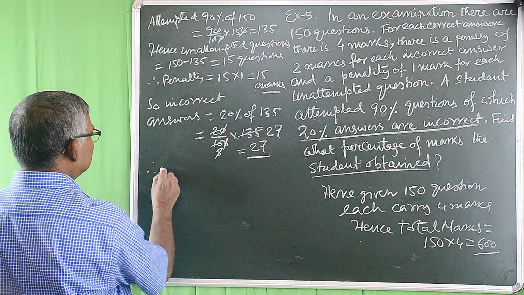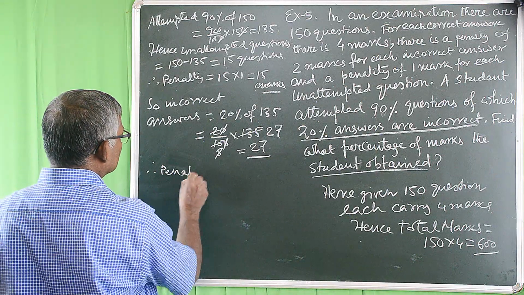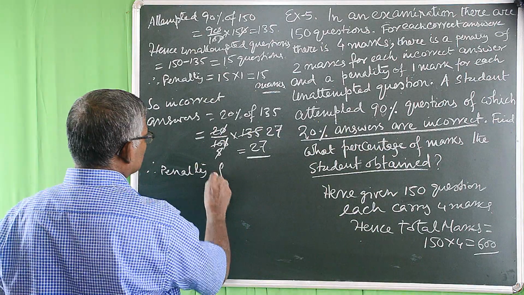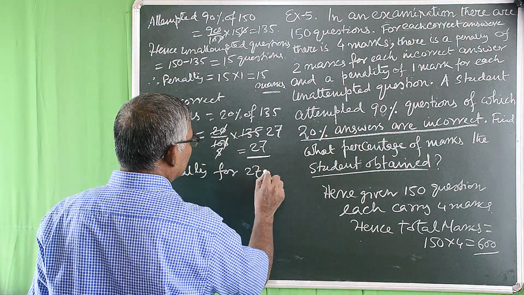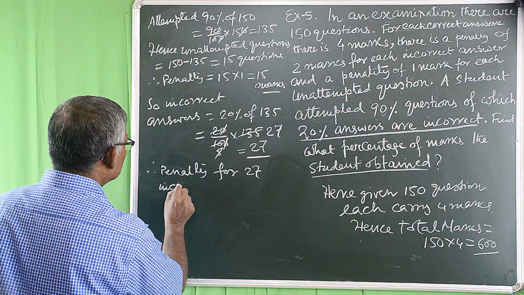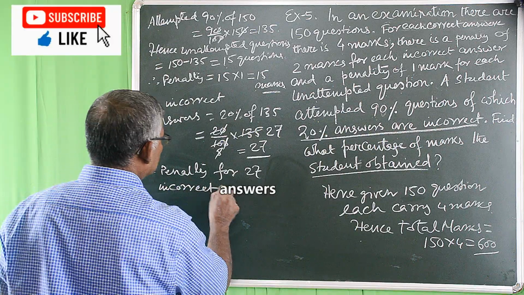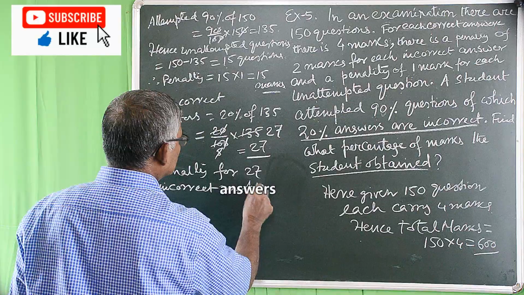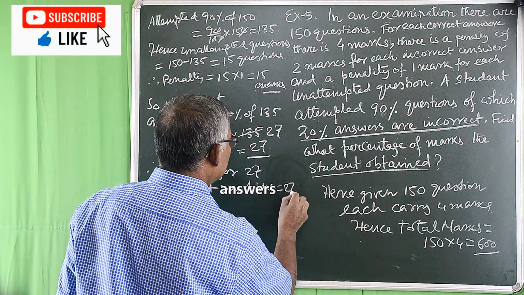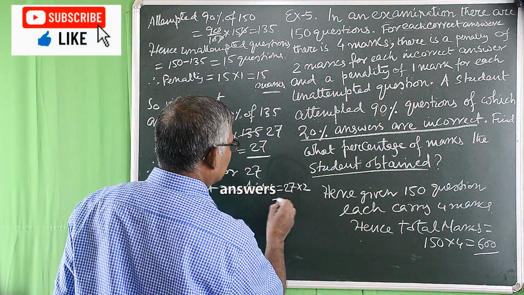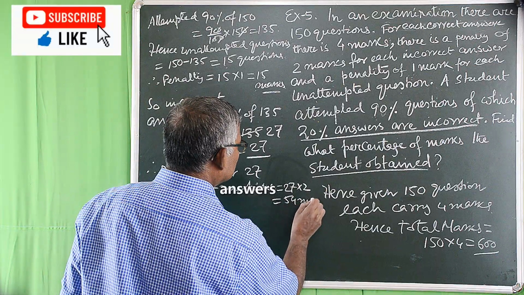Therefore, penalty for 27 incorrect equals 27 into 2, that is 54 marks.